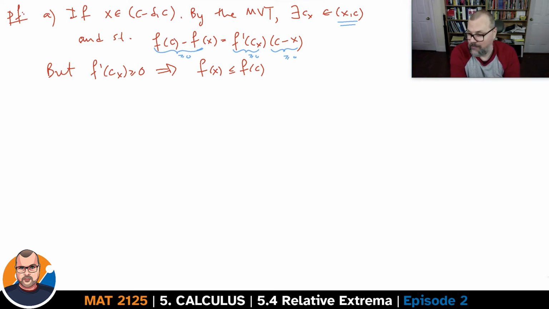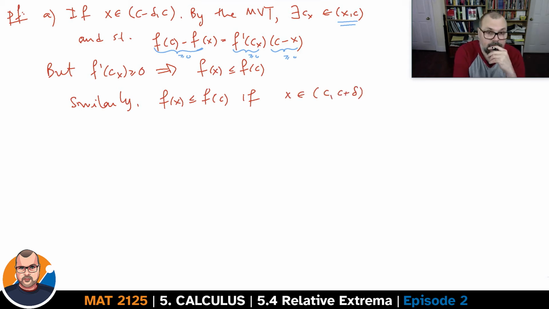In the same way, f at x will be smaller than f at c if x lies in the interval c, c plus delta. So what have you really shown here? That f at x is smaller than or equal to f at c for all x in the neighborhood around c of radius delta.